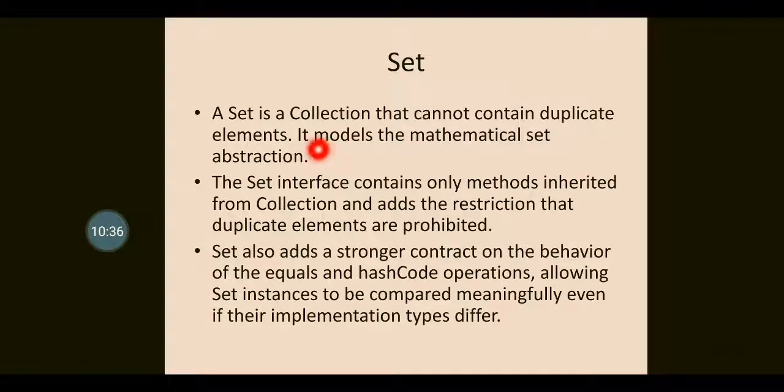So it implements the concept of mathematical set abstraction. The set interface contains only the methods that are inherited from the collection, and here the interface adds the restriction that you cannot add the duplicate element onto the set.